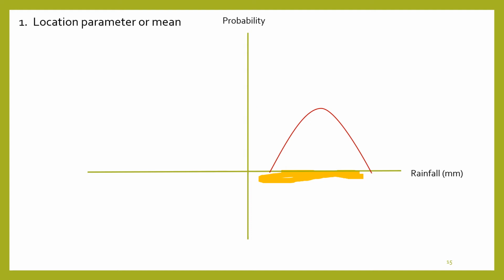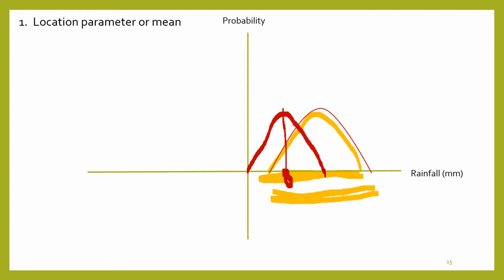The other one is here, so its location parameter is about here. This might be a station where the rainfall is not so high compared to this one. So this would be a distribution of rainfall from a station which has quite high rainfall data.